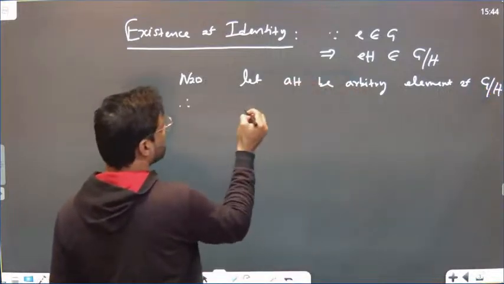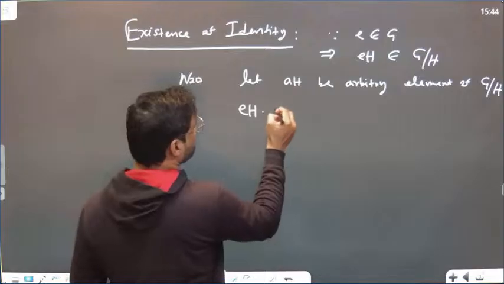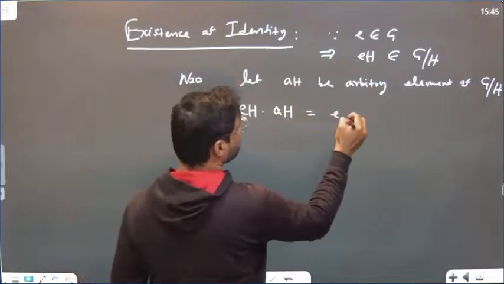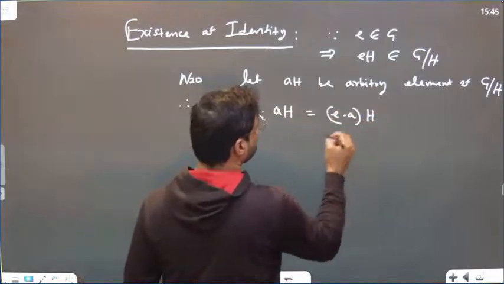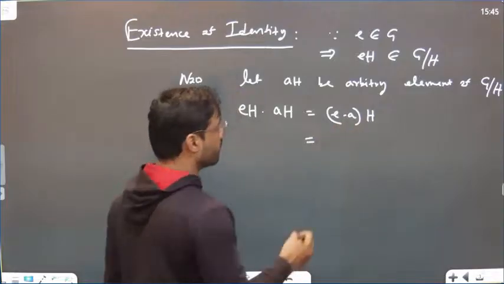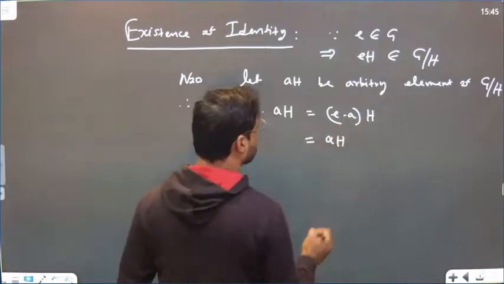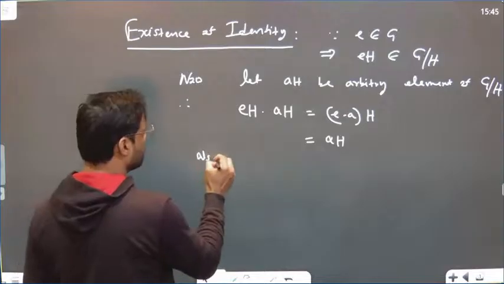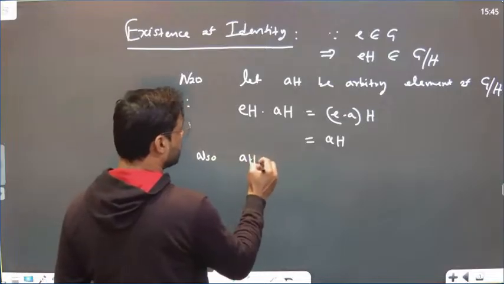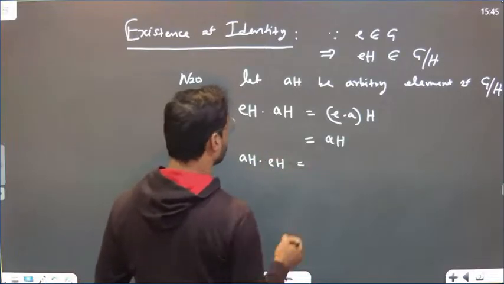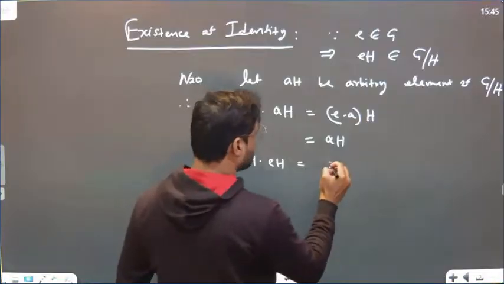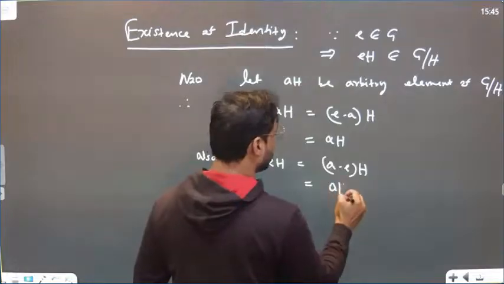Then eH dot aH equals eaH, and since e is the identity of the group, we get aH. Also, aH dot eH equals a dot eH, equal to aH.